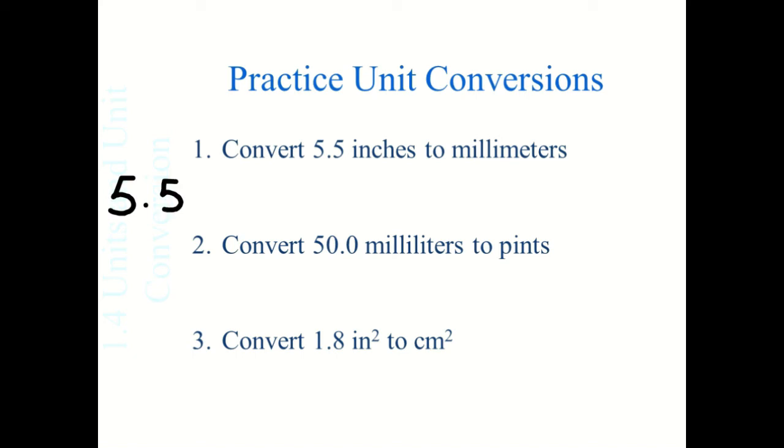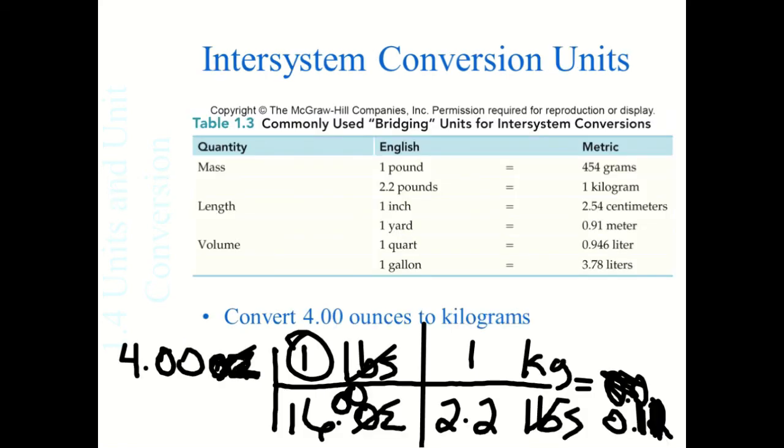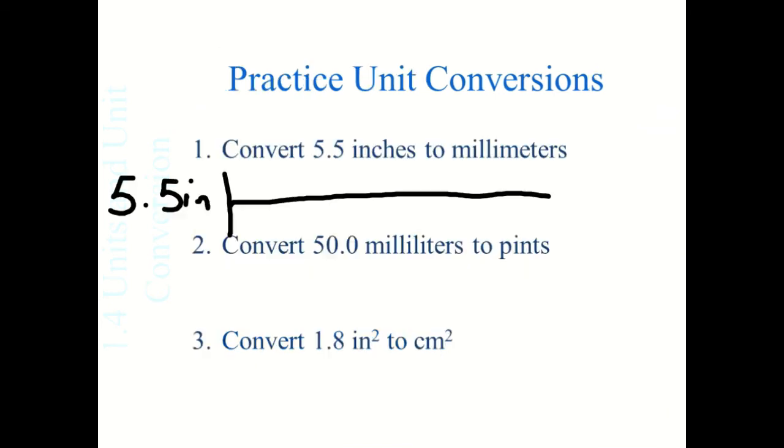So what do I start with? 5.5 inches. And I'm going to multiply that by my conversion factors. So let's go back and see if we have a conversion from inches to millimeters. Here's inches. Inches to centimeters, but not millimeters. So let's go to the centimeters first.